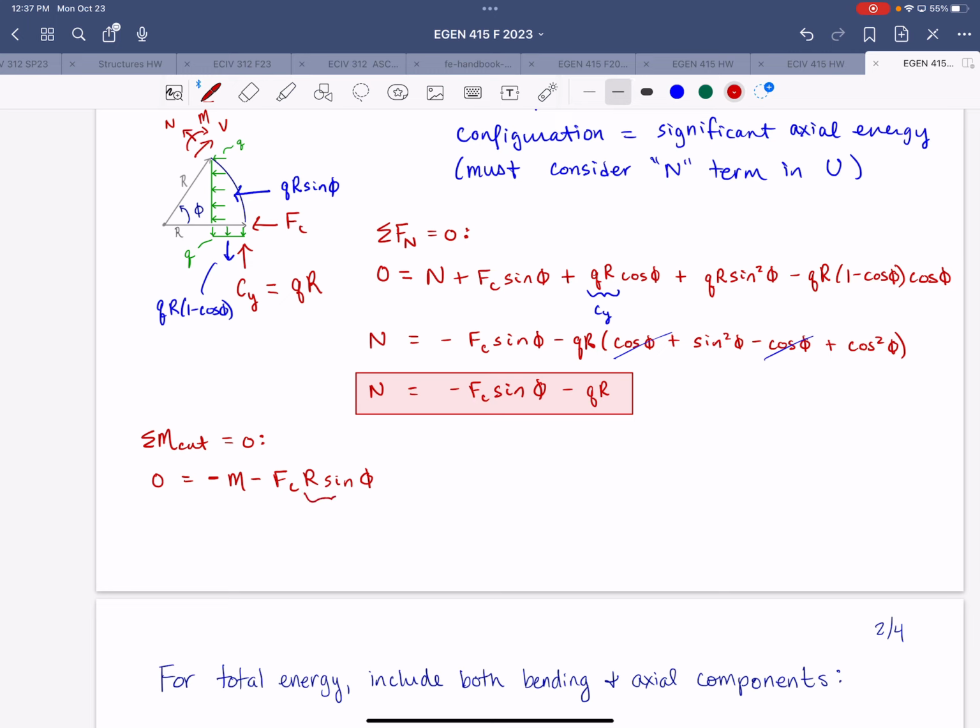So the R sine phi is your moment arm for the horizontal constraint. And then we have QR squared times 1 minus cosine phi.